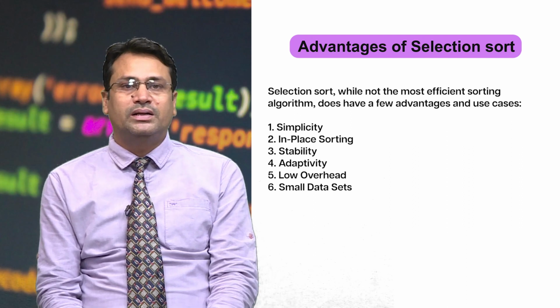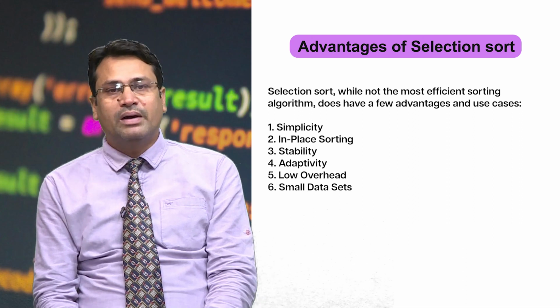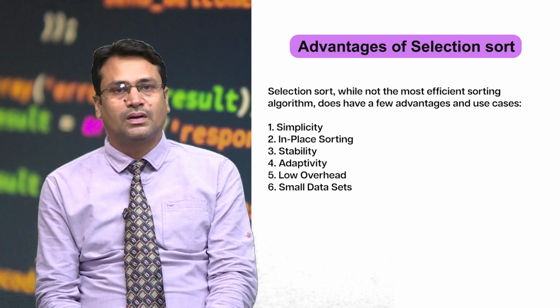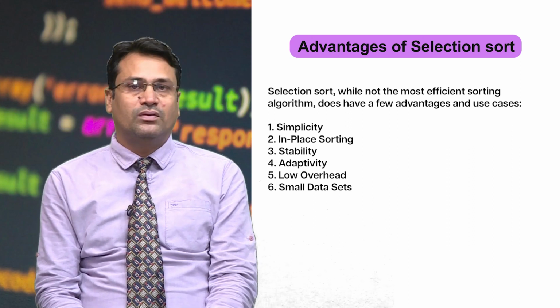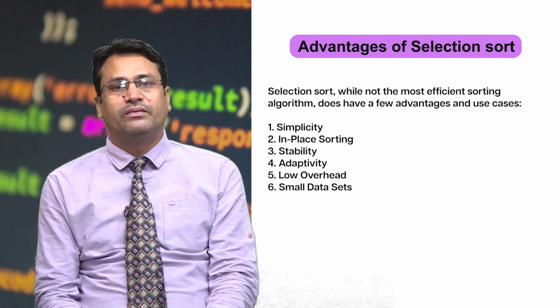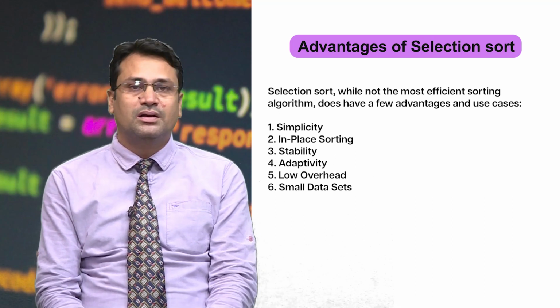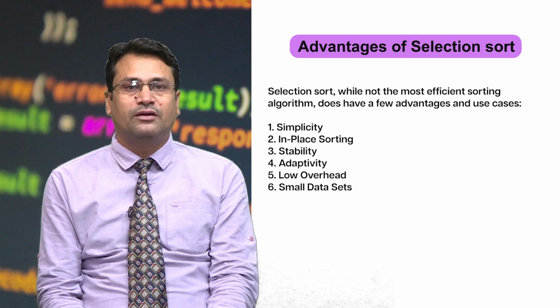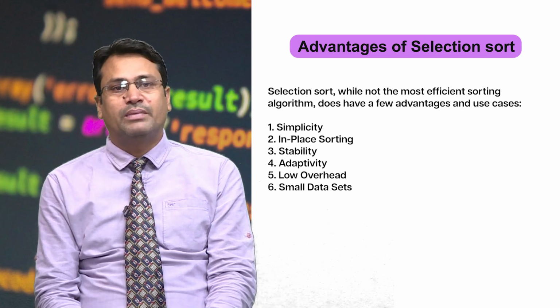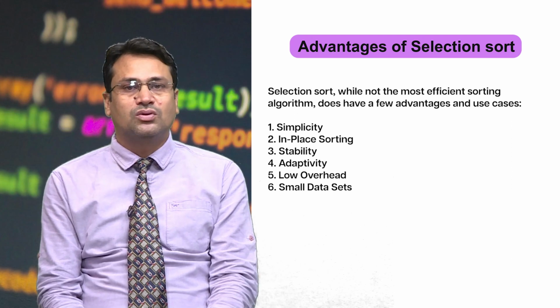This can be advantageous in situations where minimizing code and complexity is a priority. Next is small data sets. For very small data sets, the performance differences between selection sort and more complex sorting algorithms may not be significant. In such cases, the simplicity of selection sort might outweigh its slower performance.